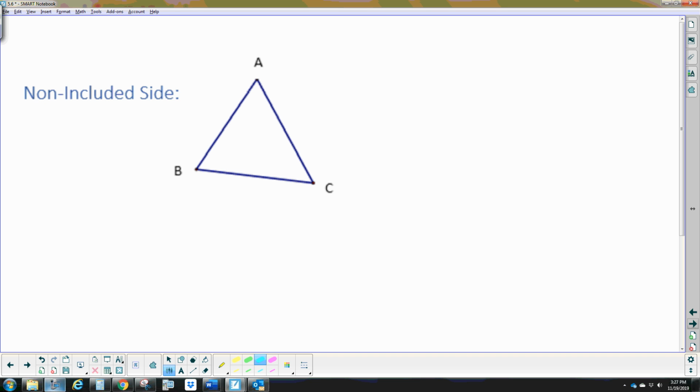So let's look at how we can define non-included side. So remember, the included side would be the side in between the two given angles.